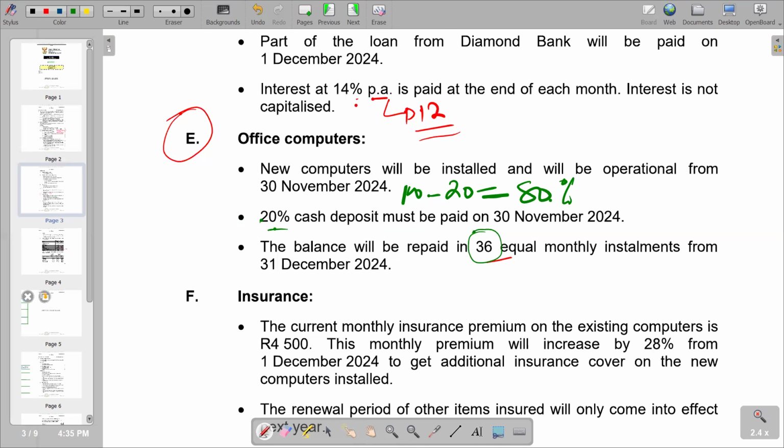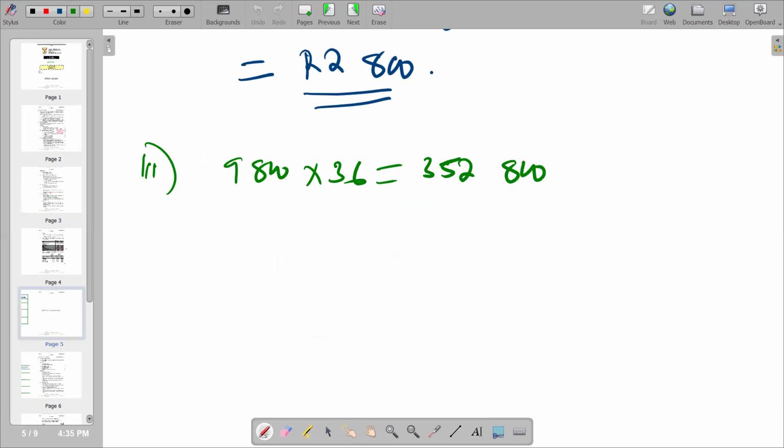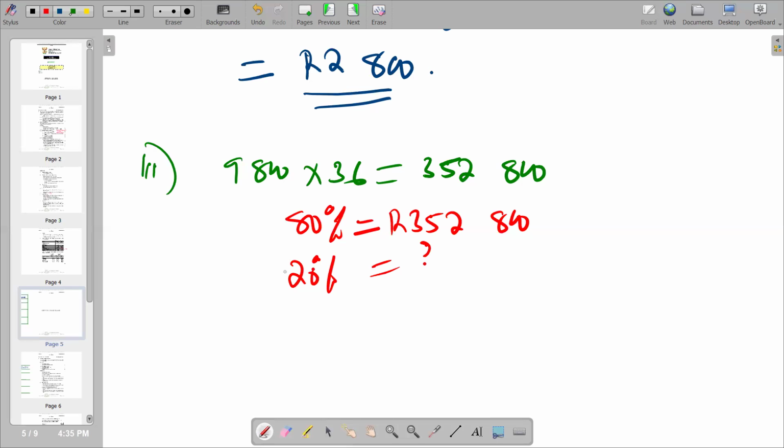So we come here, we say 80% is equal to 352,800. So the one that we are looking for is at 20%. So that's question mark. As a simple proportion, we say what we don't have is 20, so it becomes the numerator. What we have is 80, becomes the denominator. We multiply by the given figure, which is 352,800.